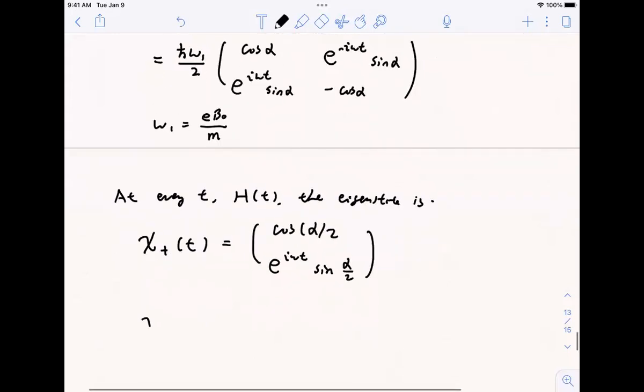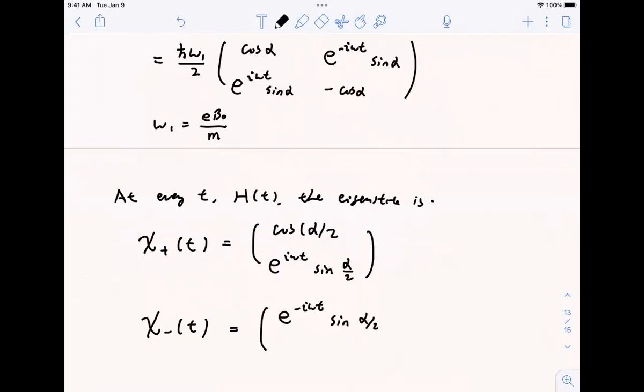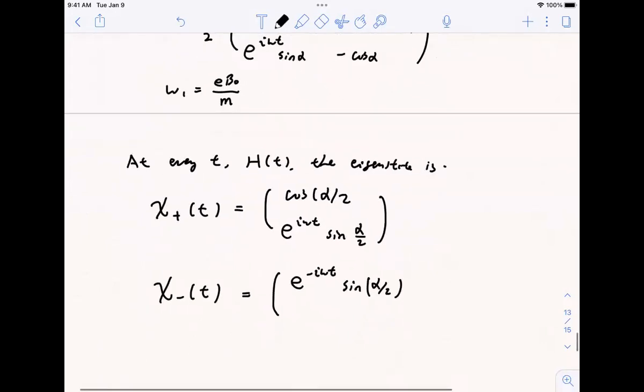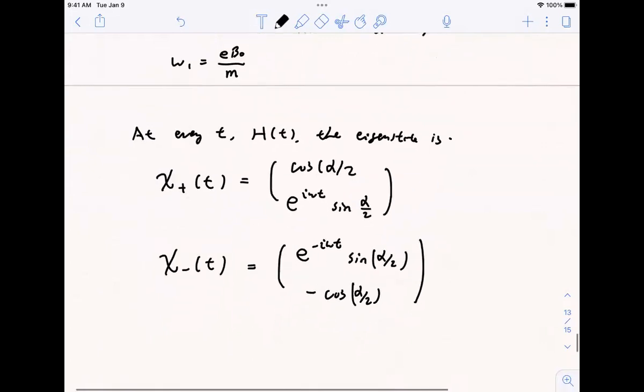This is spin up, and then this is spin down. And then the energy will be plus or minus h omega 1 over 2.